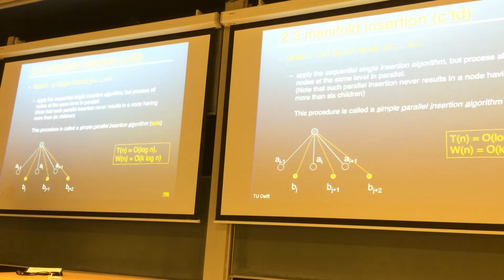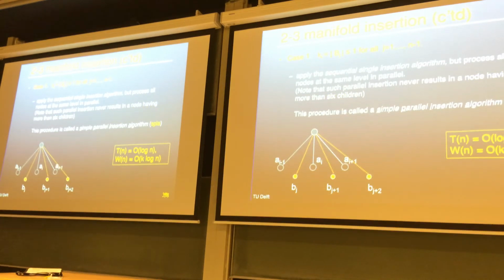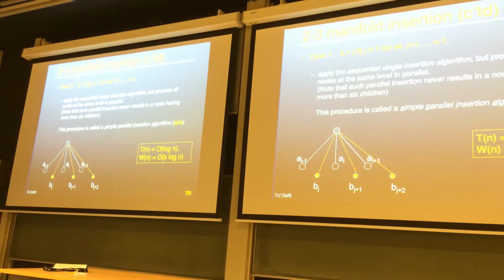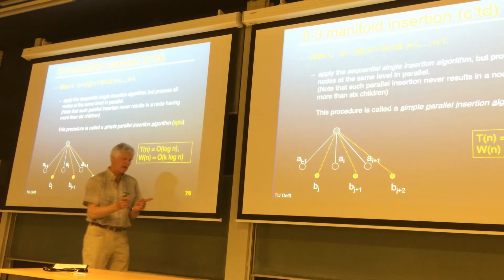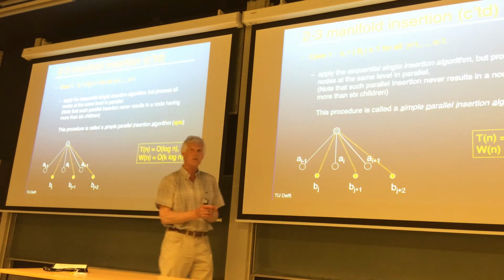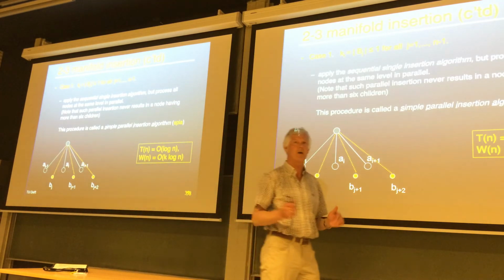Because, if we have case 1, then the number of elements we have to insert for every leaf interval is less than or equal to 1. So there are some leaf intervals where we have to insert an element, and there are leaf intervals where we don't.